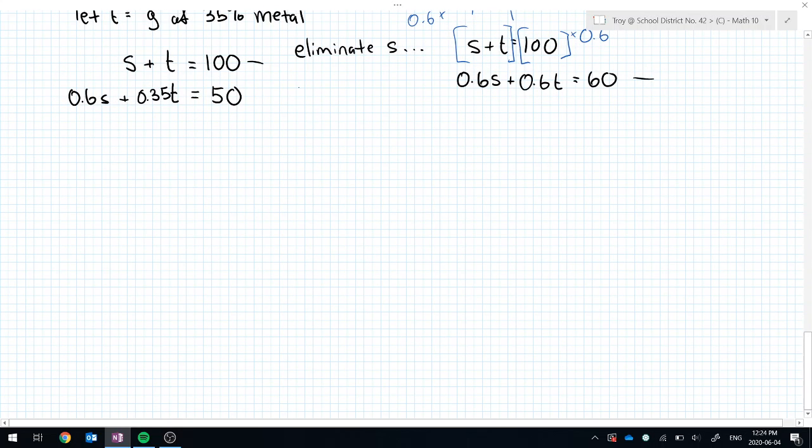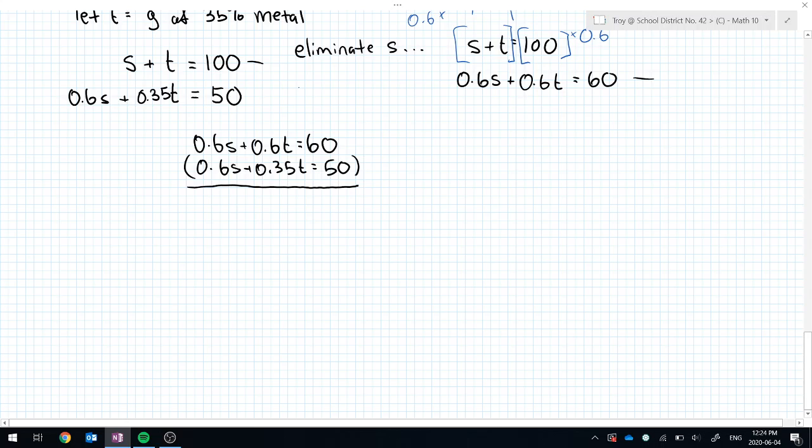So I'll take my new one up here, my 0.6s plus 0.6t equals 60. Stack it on top of my 0.6s plus 0.35t equals 50. And again, the question is, do I need to add these to cancel them, or do I need to subtract them to cancel?